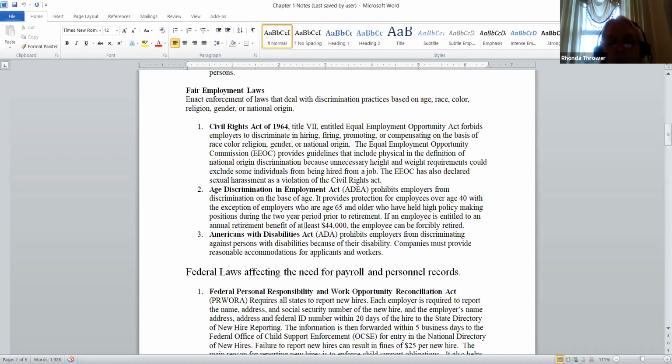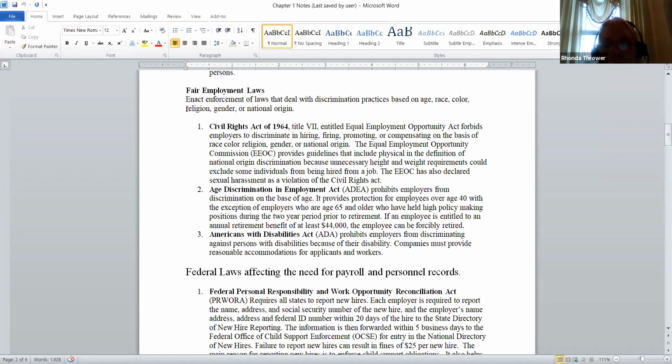If an employee is entitled to an annual retirement benefit of at least $44,000, employees can be forcibly retired. But the Age Discrimination in Employment Act is designed to protect employees by prohibiting employers from discrimination on the basis of age. It provides protection for employees that are over the age of 40.